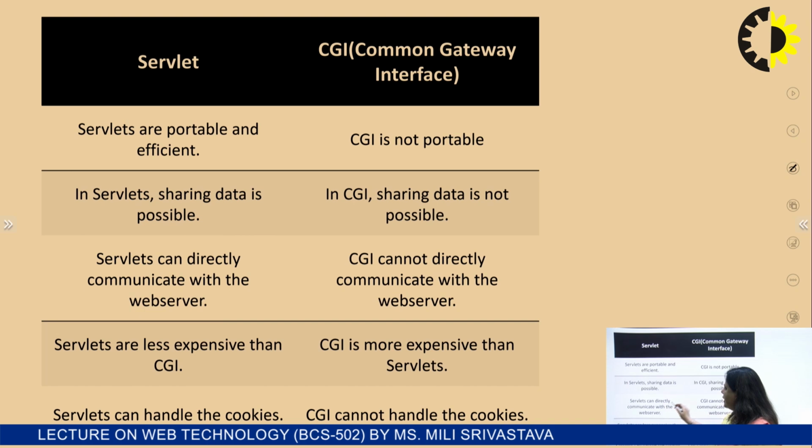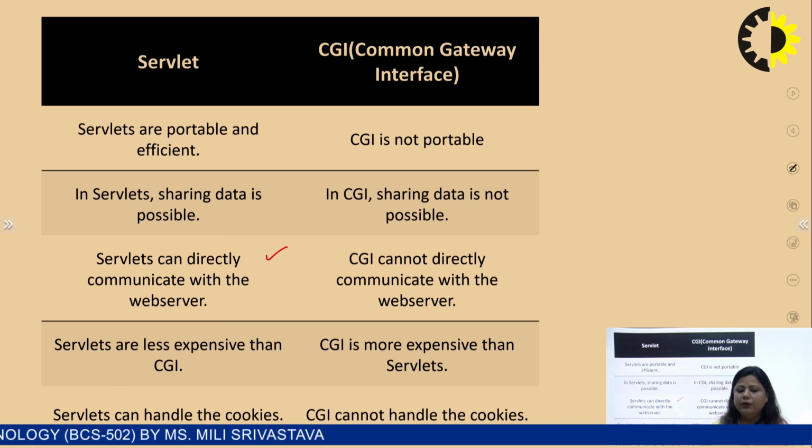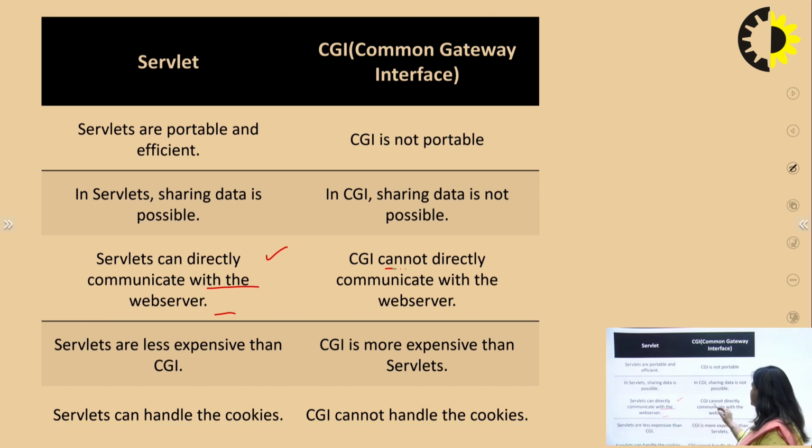Servlets can directly communicate with the web server, since I already told you servlet is a server side program, and CGI cannot directly communicate with the web server. This is the main or basic difference between servlets and CGI.